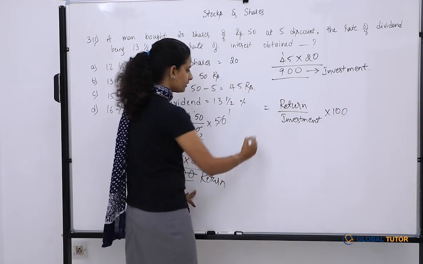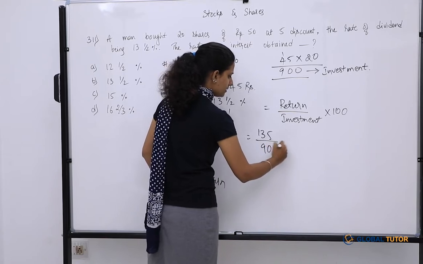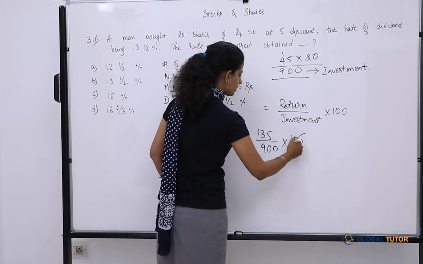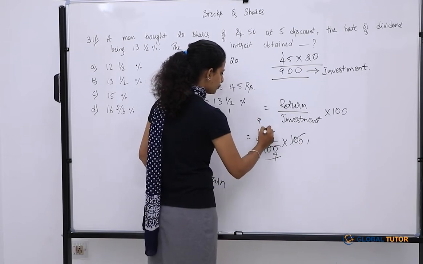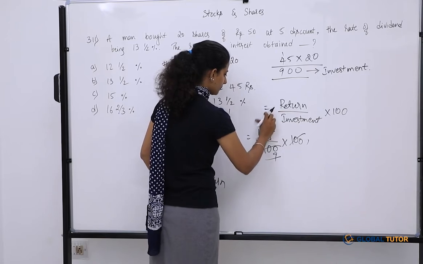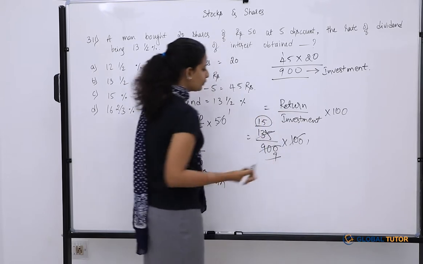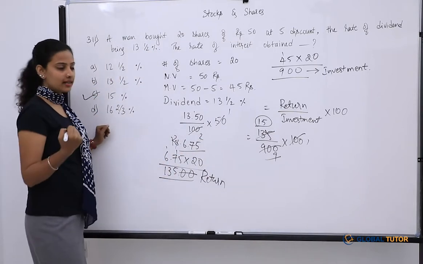So return is 135, investment is 900 into 100. So this is 15. So 15%, option C is the right answer.